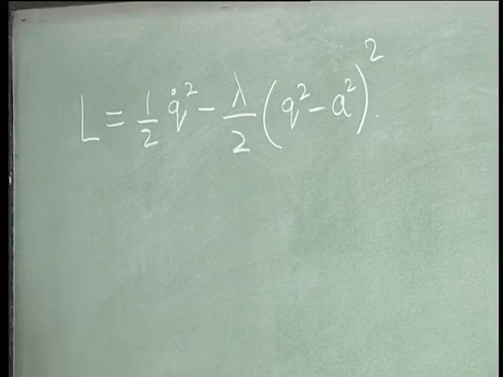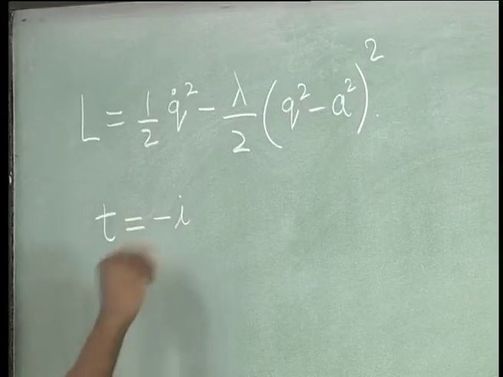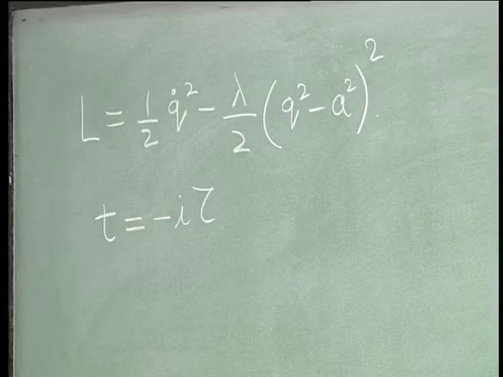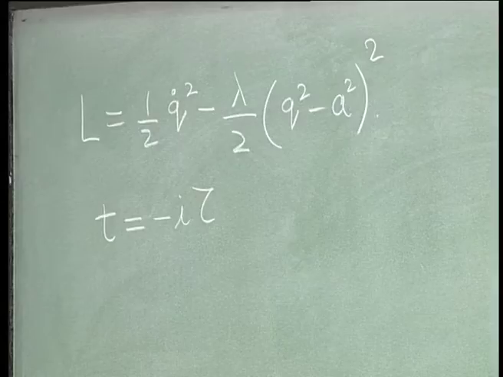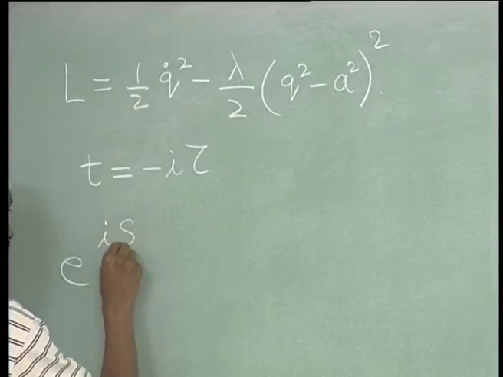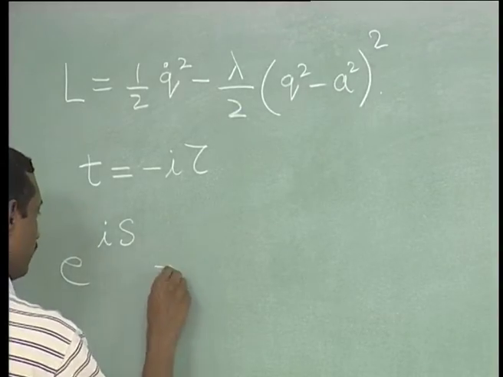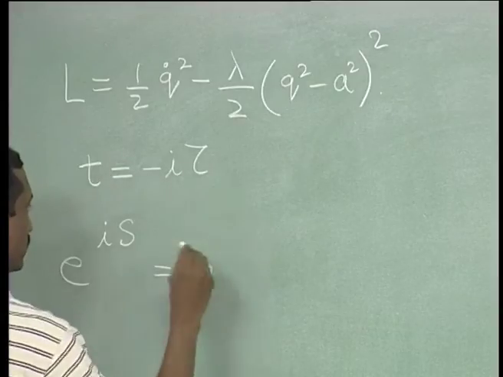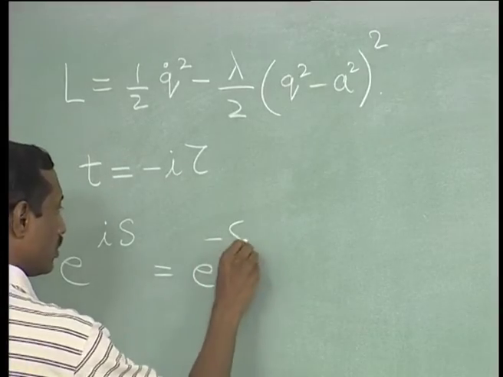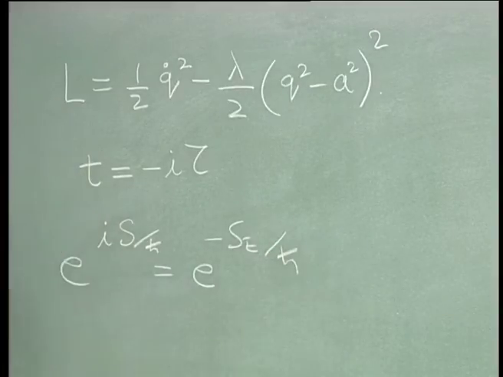So the idea was to take t and replace it with minus i tau. There was a minus, we fixed the sign. So the idea was that e to the power i S will, once you make this substitution, give you the Euclidean action.